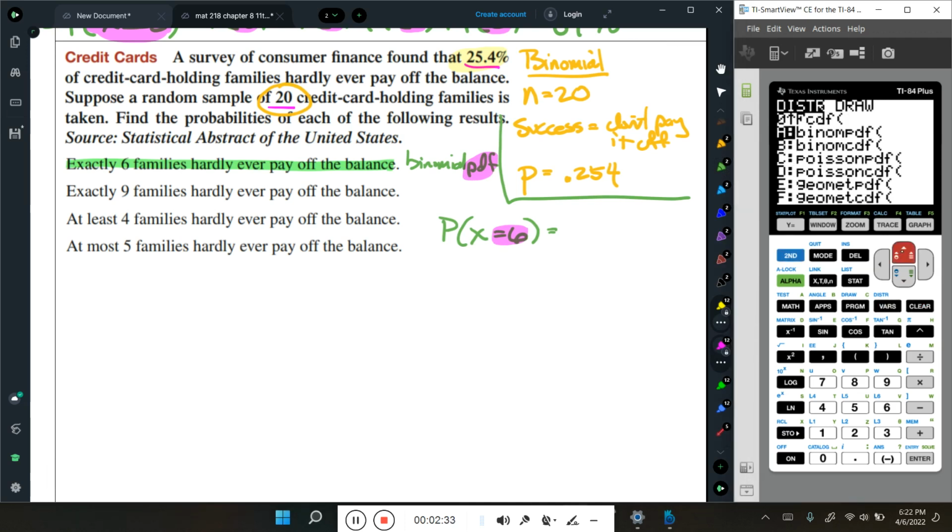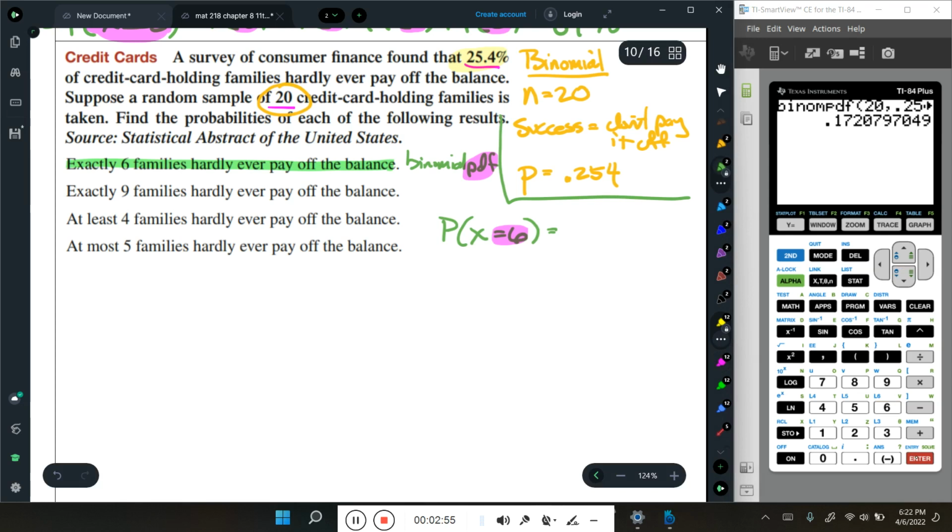I'm going to find that binomial PDF, and I'm going to say, okay, we're knocking on 20 doors. The probability that they will not pay off their credit card is 0.254, and I want there to be exactly 6 of the 20 that say that, and I find that that gives me a probability of 17%, or round wherever they would tell me to round it to. So I'm going to call that 0.172.